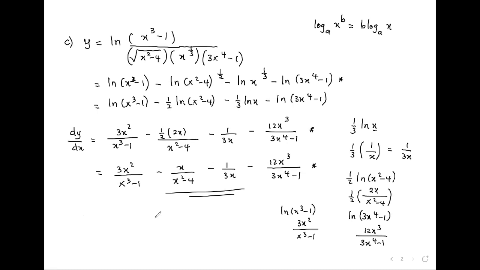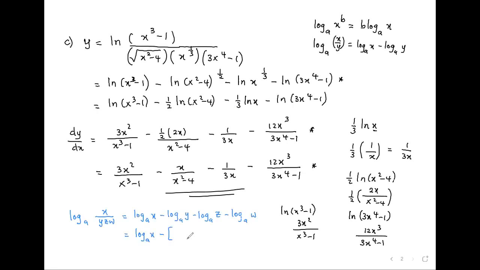No, sir. I mean, it was division, now subtraction. How did that come up? Oh, we moved from 1 to 2. From 1 to 2, we're using this law: if you have log a of x over y, you get log a x minus log a y.